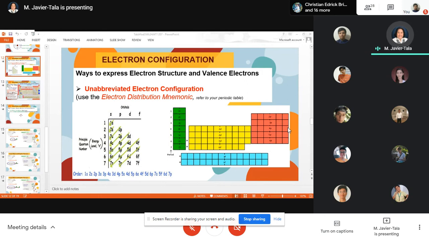Then those that are transition metals are the D block, those that are in yellow. Then groups 3A until 8A are your P block, and your lanthanide and actinide series in the bottom part are your F block elements.